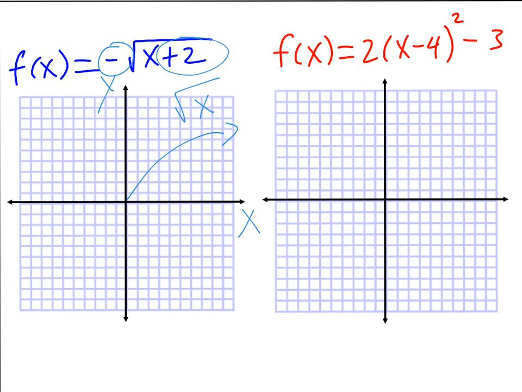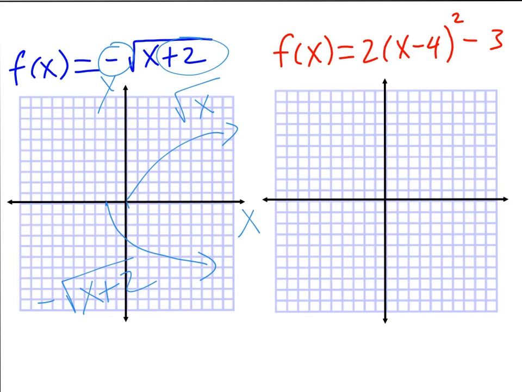It's out front, so it's getting reflected over the x-axis, which would be like right there. But then it has to start here and get shifted 2 units. Which direction? Remember, this is the case that can be a little bit tricky. 2 units to the left. And would look something like that. Negative square root of x plus 2.